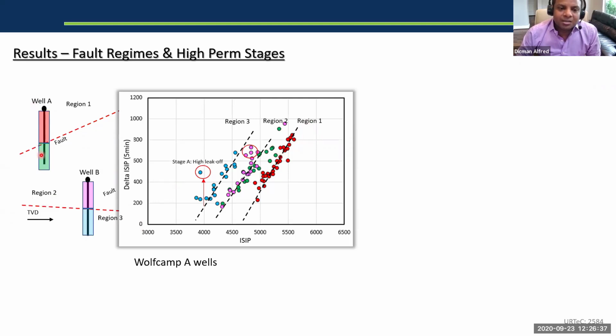So this is the red part, this is the green part. When we started plotting these things, it started plotting here, and then suddenly after this fault on the green side, it started going to the lower pressure. Remember, lower pressure always goes to the left. Then we started plotting the results of well B here, and that one started plotting next to the green stuff.